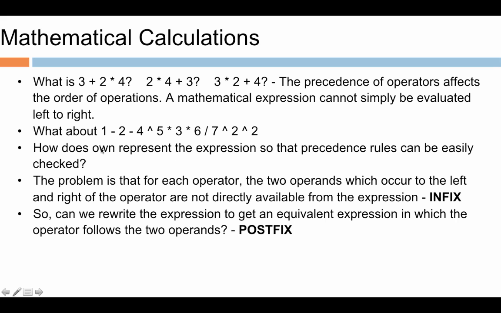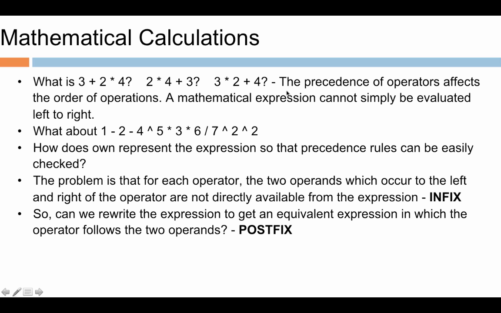This can get even more complicated in the presence of parentheses, but before that, we can also have other binary operators like exponentiation. Recall that exponentiation is a binary operator, for example 4 to the power of 5. Similarly, here you see 7 to the power of 2 to the power of 2, so this is 7 to the power of 4 basically.